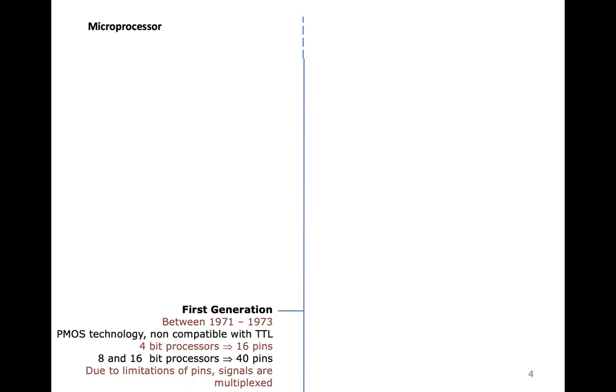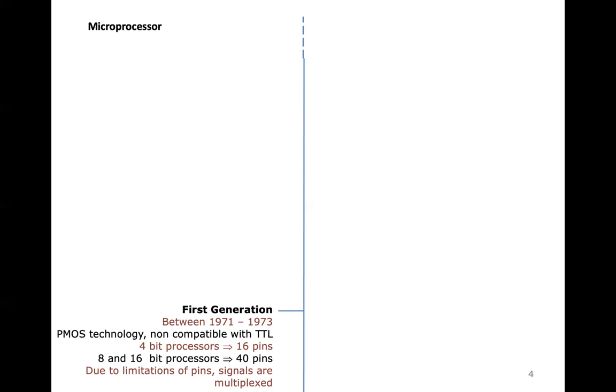This is the Intel company. Intel company developed the first microprocessor. The time duration is 1971 to 1973, and the technology used is PMOS.